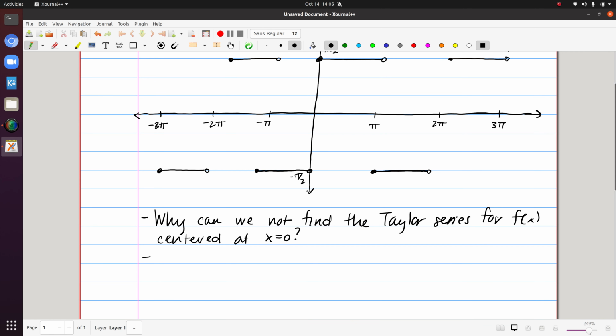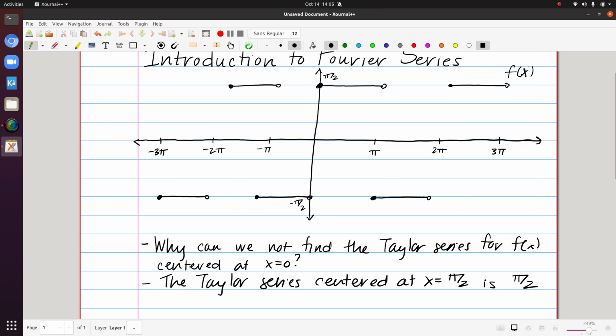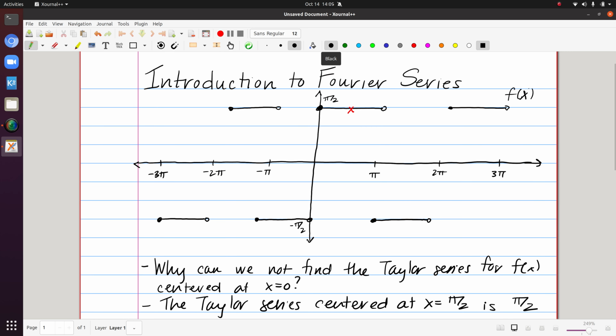So I'll point out that the Taylor series centered at x equals pi over 2 is what we can focus on. Looking at the graph here, the value of the function there is pi over 2.